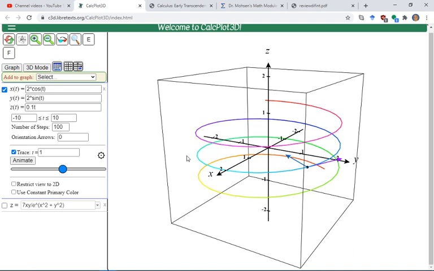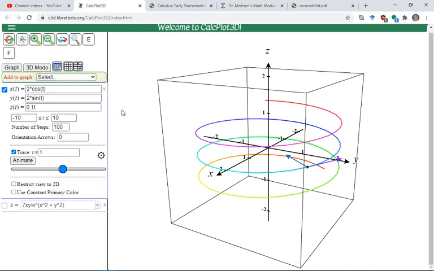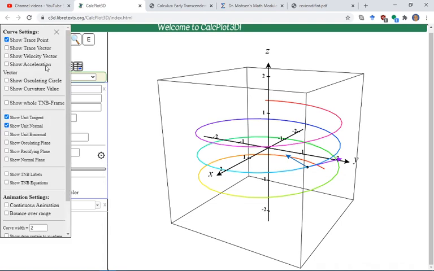So to get this kind of a curve here, first of all you want to define for yourself some space curve, that's r of t, that's going to have several components. And then once you have that, you can display a variety of things on that by looking at this curve setting and see what is it that you want. So for example, I might be interested in tracing the point itself.